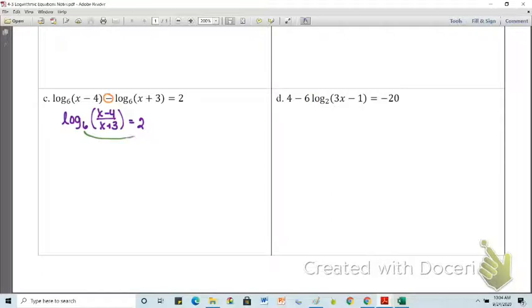From there, I'm going to draw my hand, and we're going to convert. So it's 6 squared equals x minus 4 over x plus 3. 6 squared is 36. I'm going to multiply both sides by x plus 3 to move that out of the denominator.